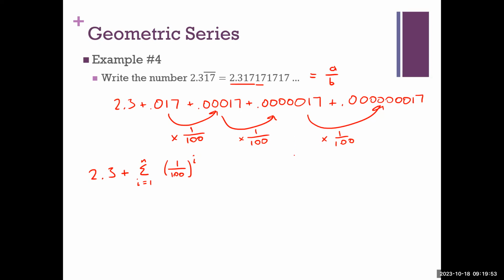What else do I need to incorporate in this definition here? What's the first term? 0.017? Yep. 0.017 times 1 over 100 to the power of i, right?